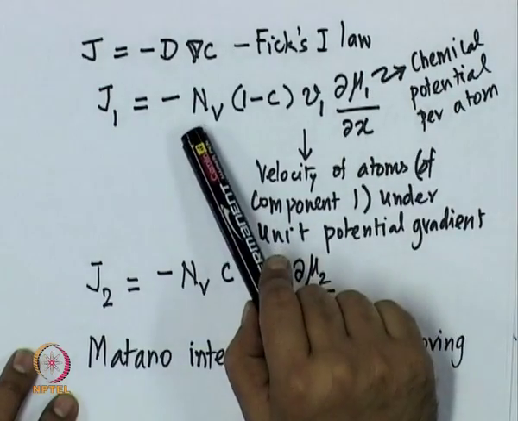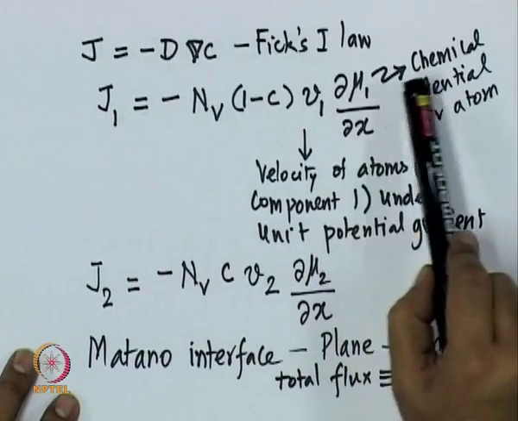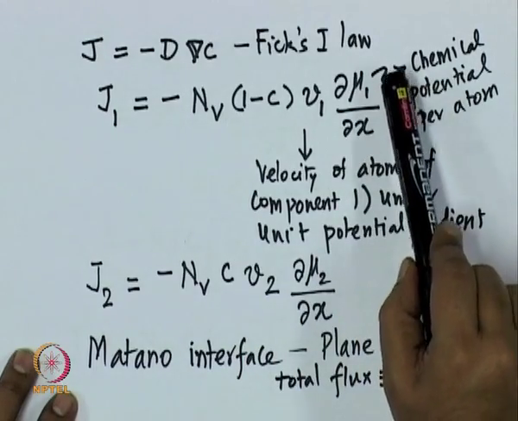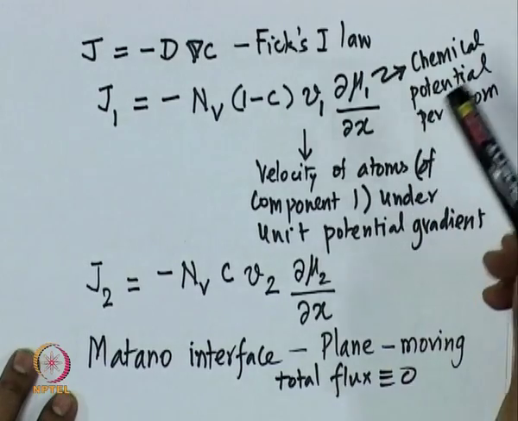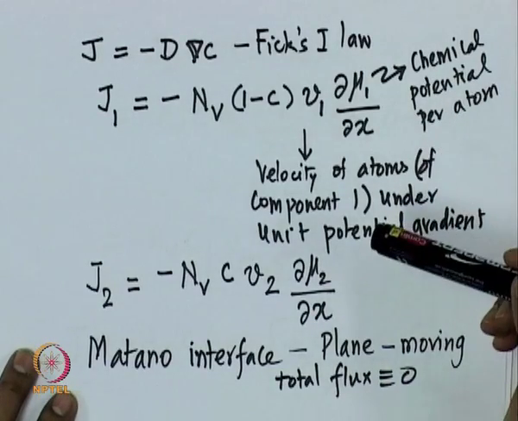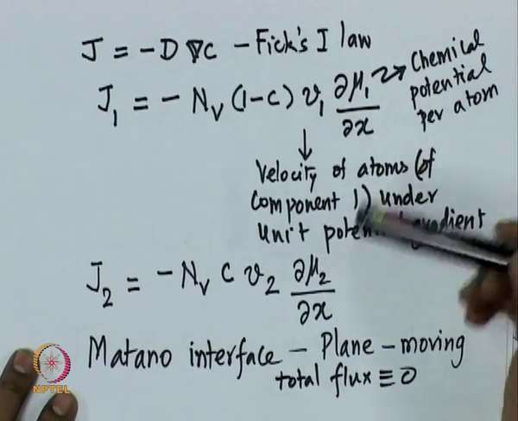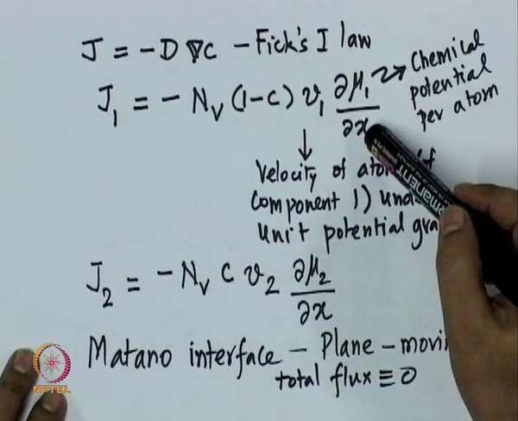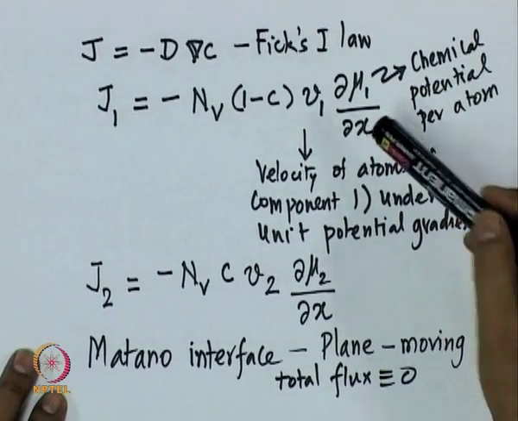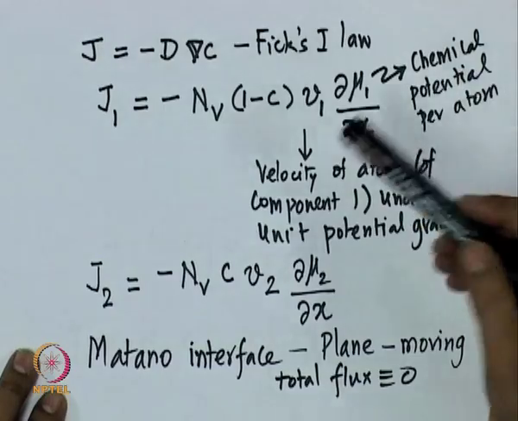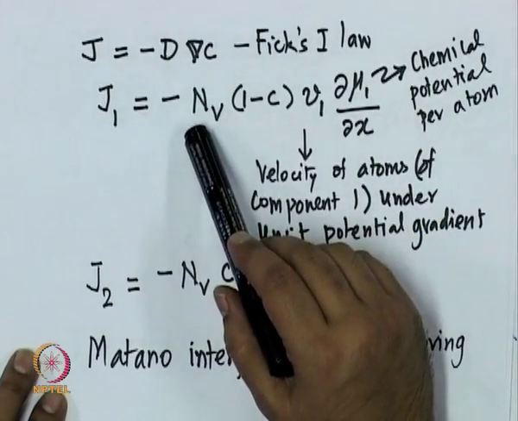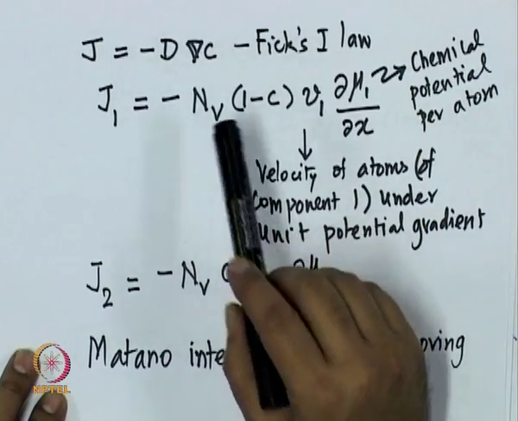That is the reason there is this NV: remember the chemical potential was defined as the derivative of free energy with respect to adding some number of A atoms or B atoms. And if you want to relate it to concentration, you need to multiply by the total number of atoms.